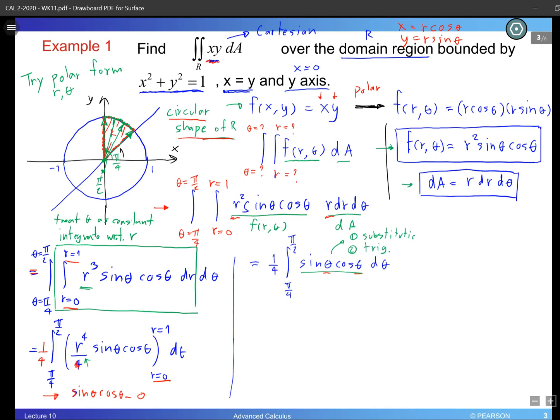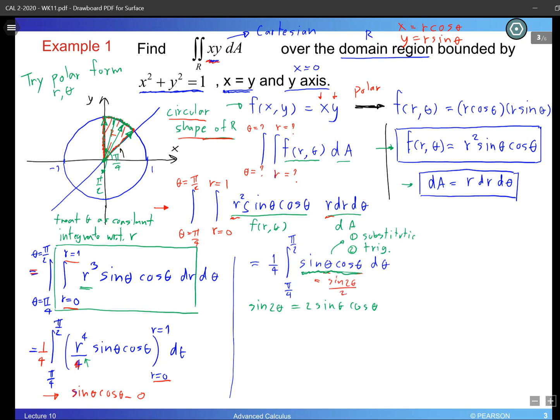Okay, so I'm going to try to use trigonometry properties first. When I see something like this, it reminds me of this property right here: sine 2 theta equals 2 sine theta cosine theta, which means that this term right here is going to be equal to sine 2 theta over 2.